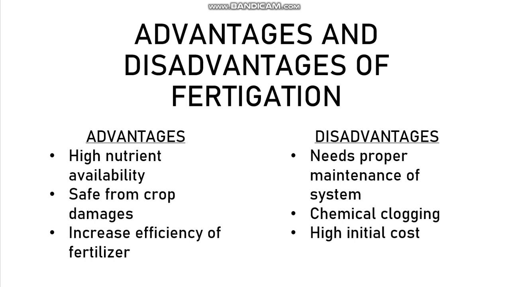Fertigation system also ensures crop safety from being damaged by fertilizing activities, and fertigation also increases the efficiency of fertilizer used, as the irrigation is localized to the crop zone, the zone of the growth root of the crop.